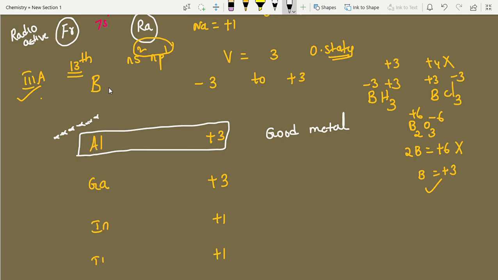Based on electronegativity values: the electronegativity of boron is 2.1, next are 1.8, 1.7, 1.7, 1.8, 1.7, 1.6. The least electronegative is the most electropositive, right? So aluminium, being the least electronegative, is more electropositive. That is a good metal. Clear?